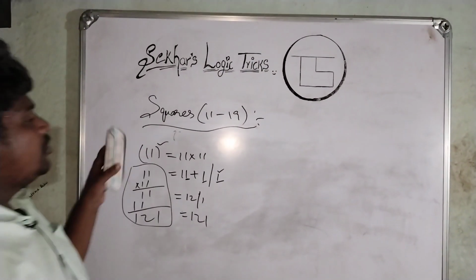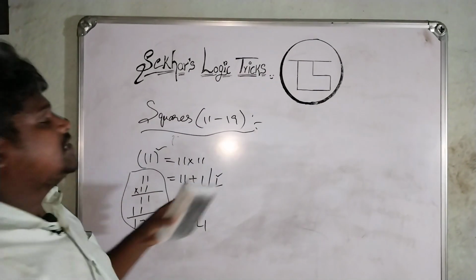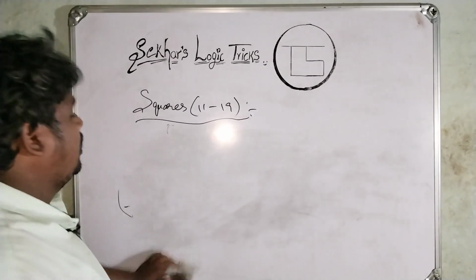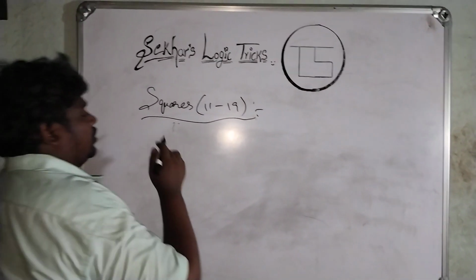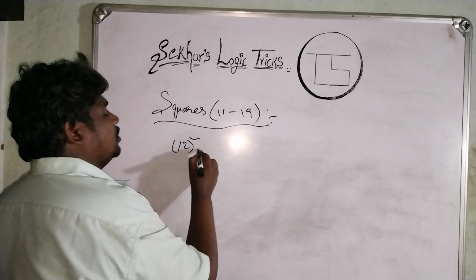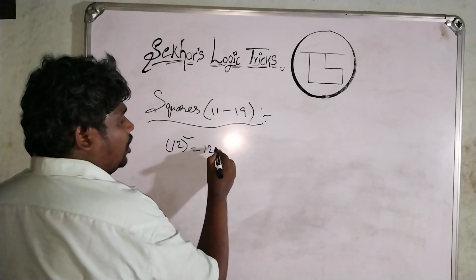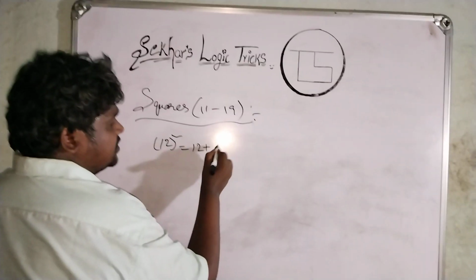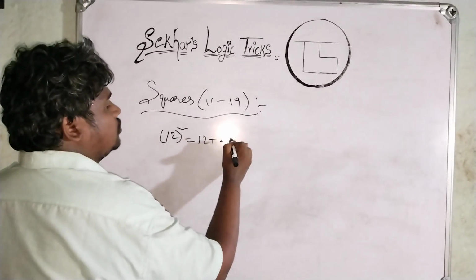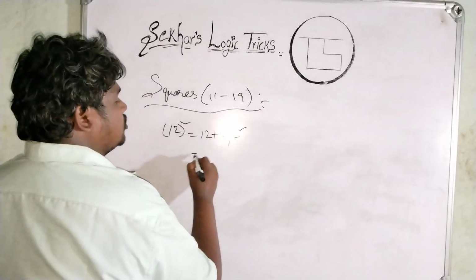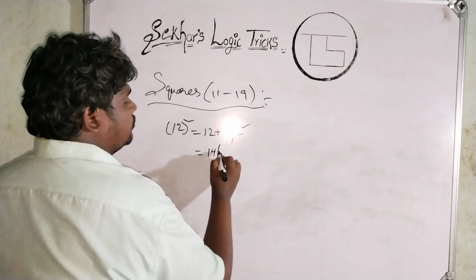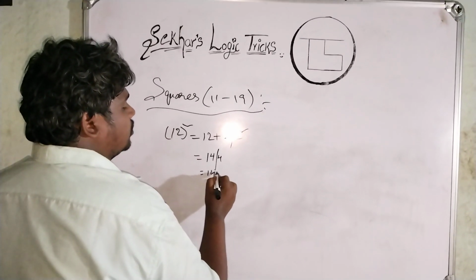Like this we can find the squares of 11 to 19 in 1 second only. Let us discuss. See, 12 square is equal to 12 plus the unit digit of this number, 2, slash, 2 square. 12 plus 2 is 14, slash, 4, so 144 is the answer.